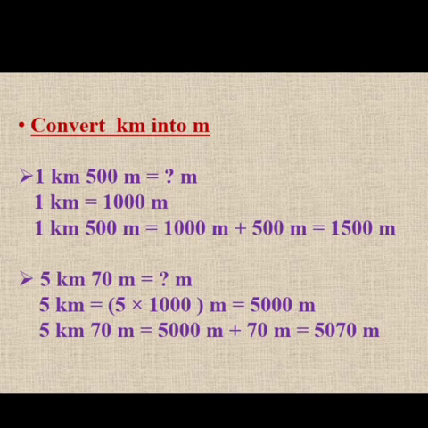We can write 5000 because 5 kilometer is equal to 5000 meter. So we will add them. So you will get 5070 meter. So 5 kilometer 70 meter is equal to 5070 meter. Students, when we convert kilometer into meter, we have to multiply the number with 1000.